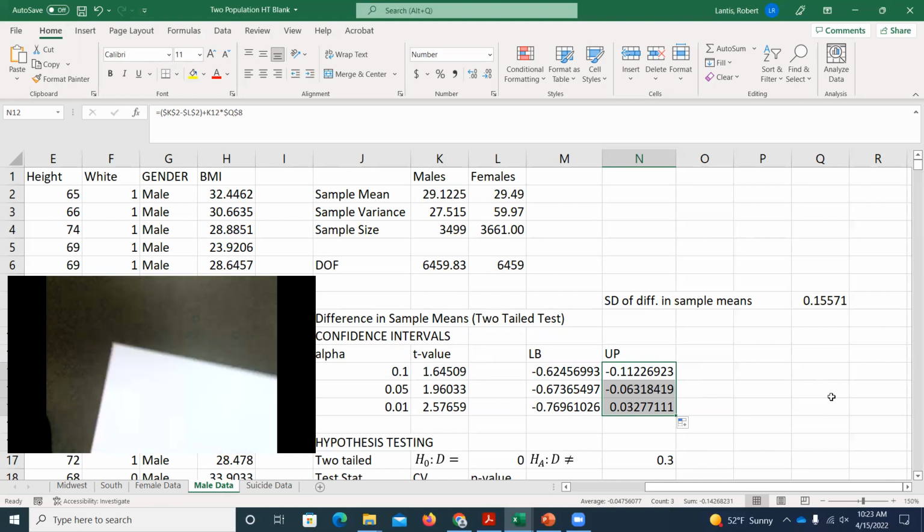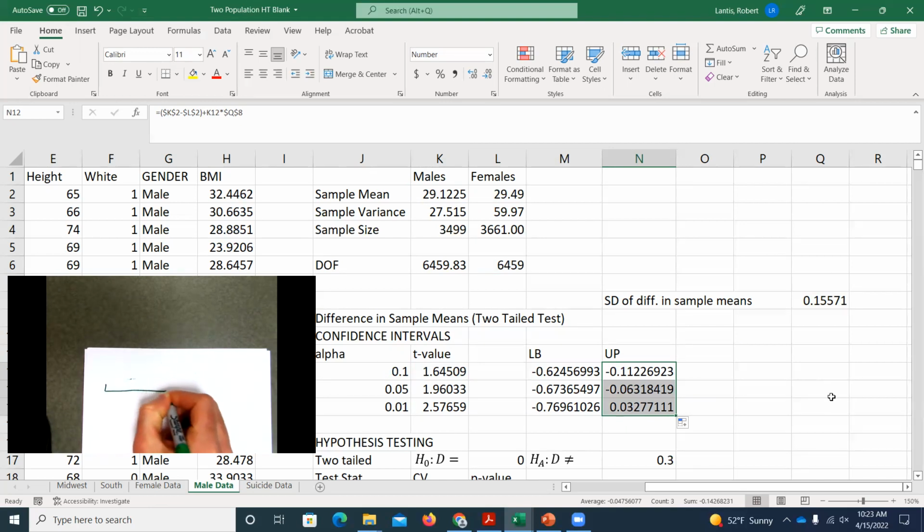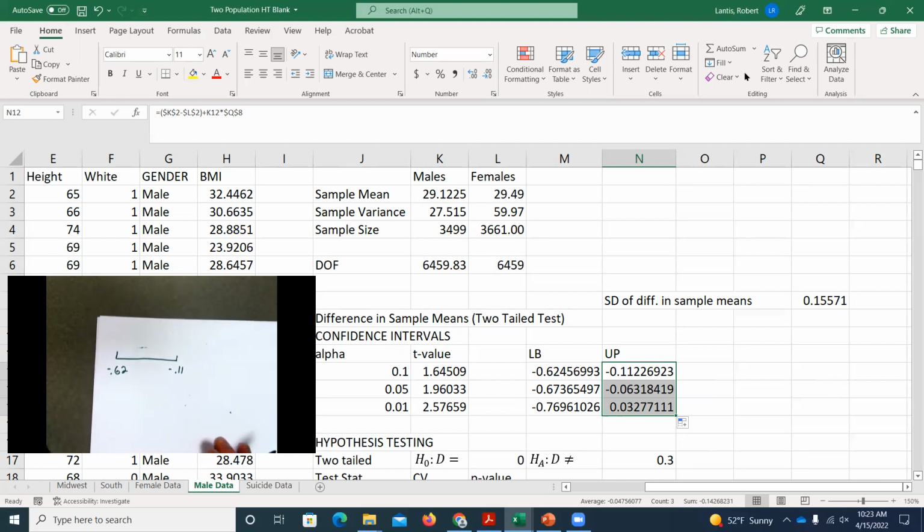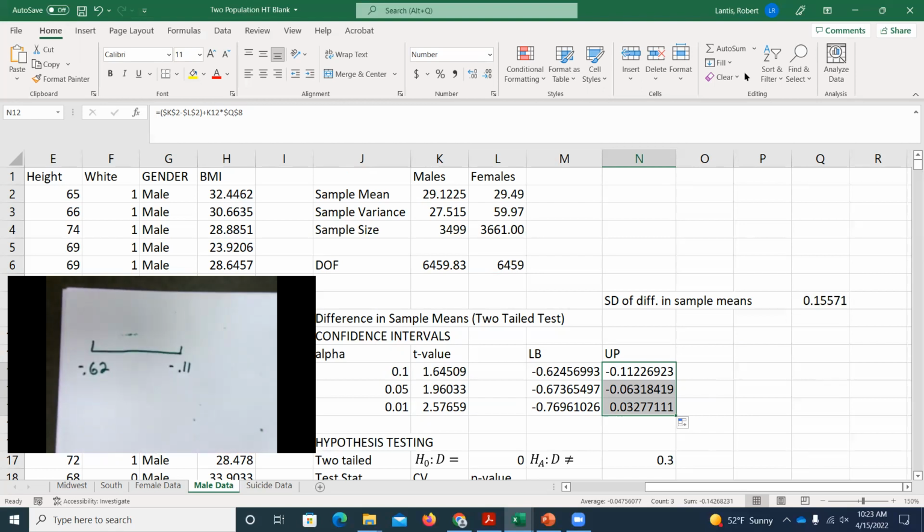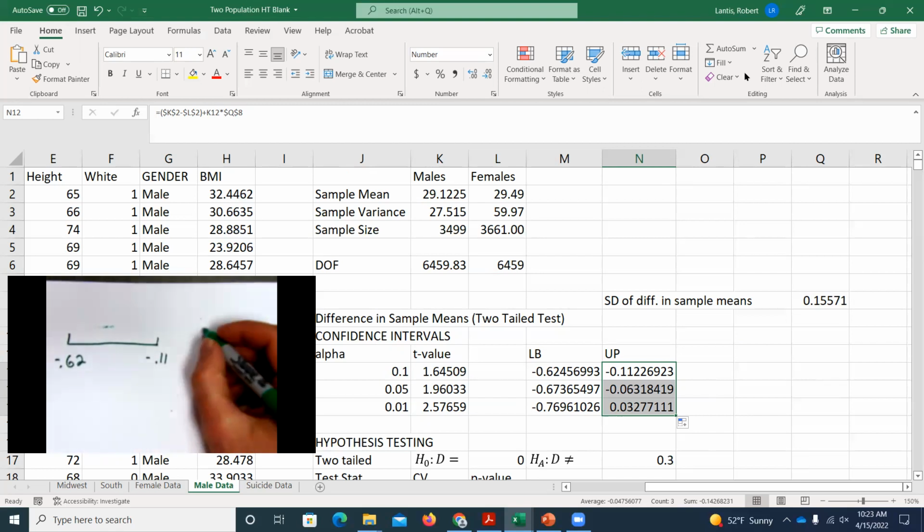So let's think about what we found here. At the 90% level, my confidence interval goes from negative 0.62 to negative 0.11, where my difference that I was looking at was the difference between male and female BMI.